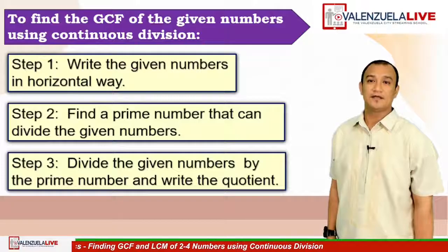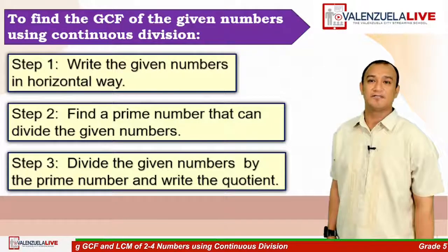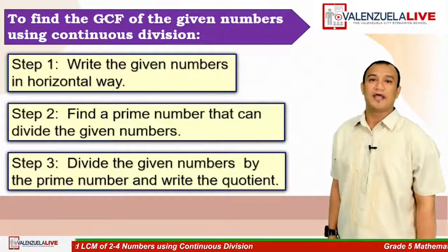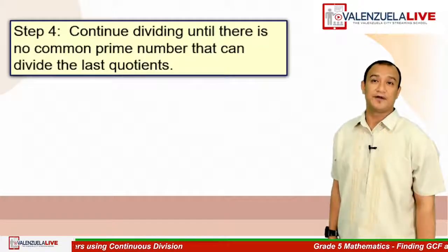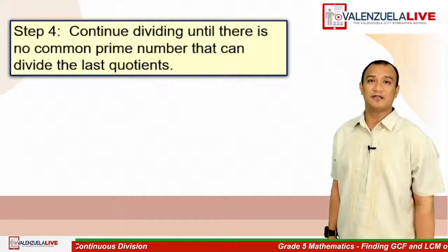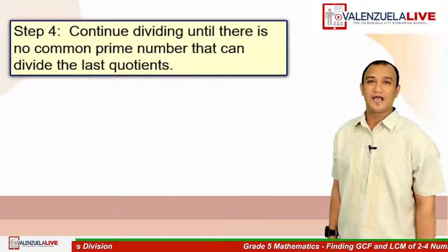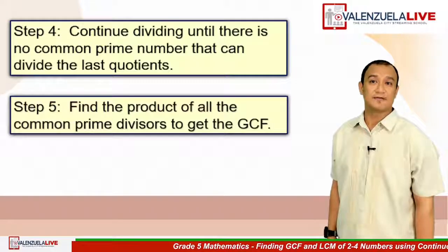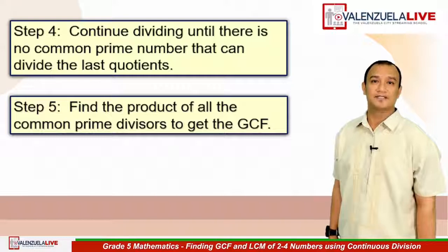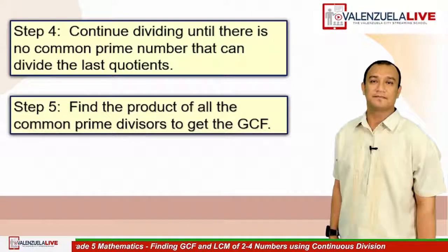Step 3, divide the given numbers by the prime number and write the quotient. Step 4, continue dividing until there is no common prime number that can divide the last quotients. And finally, for step 5, find the product of all the common prime divisors to get the GCF.